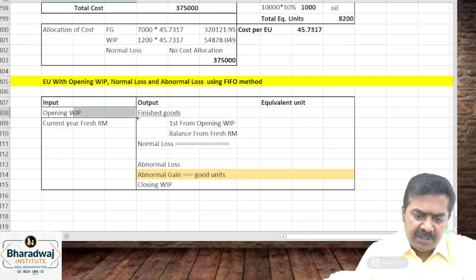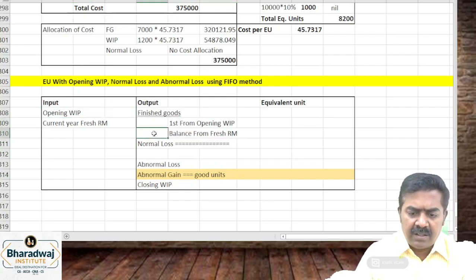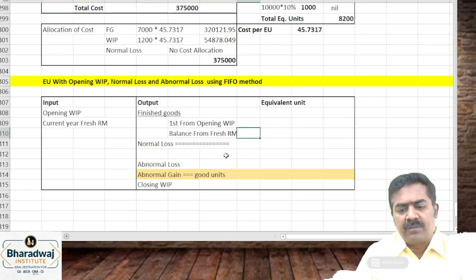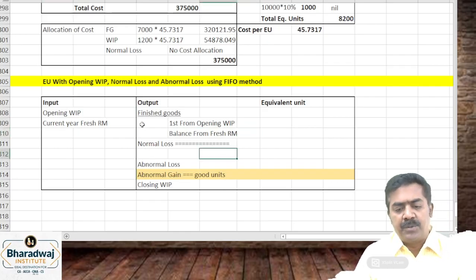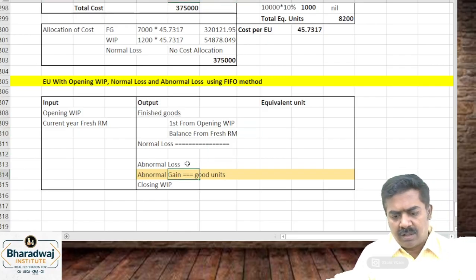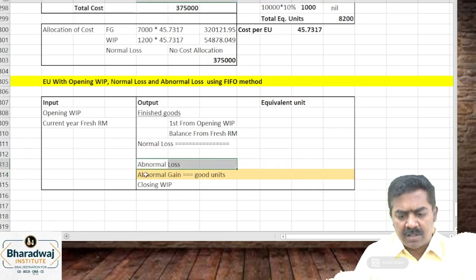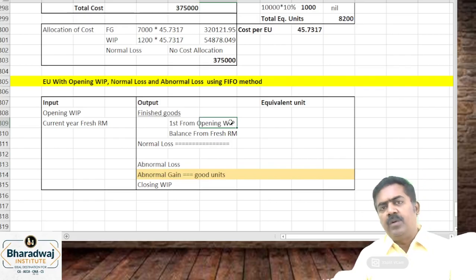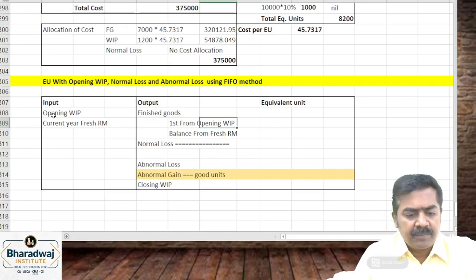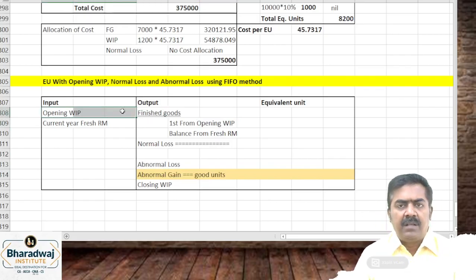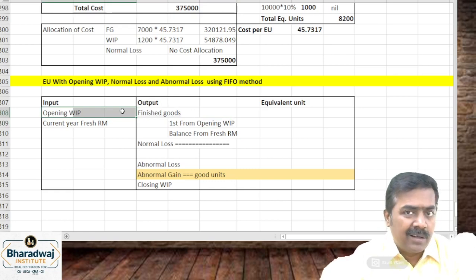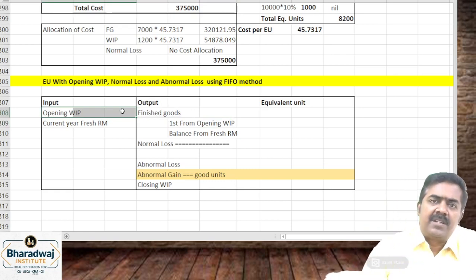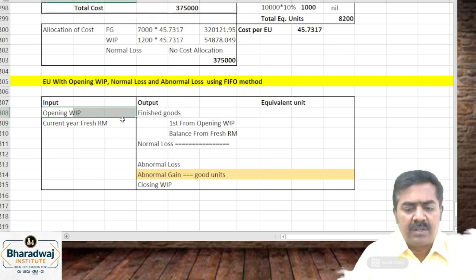We will first finish opening WIP. Then the balance we will take from which one? Fresh raw material and produce. So there may be abnormal loss or there may be abnormal gain. Do we do all the work in the current period for this opening WIP? No. Already some part is completed, only the balance part we do in the current year.